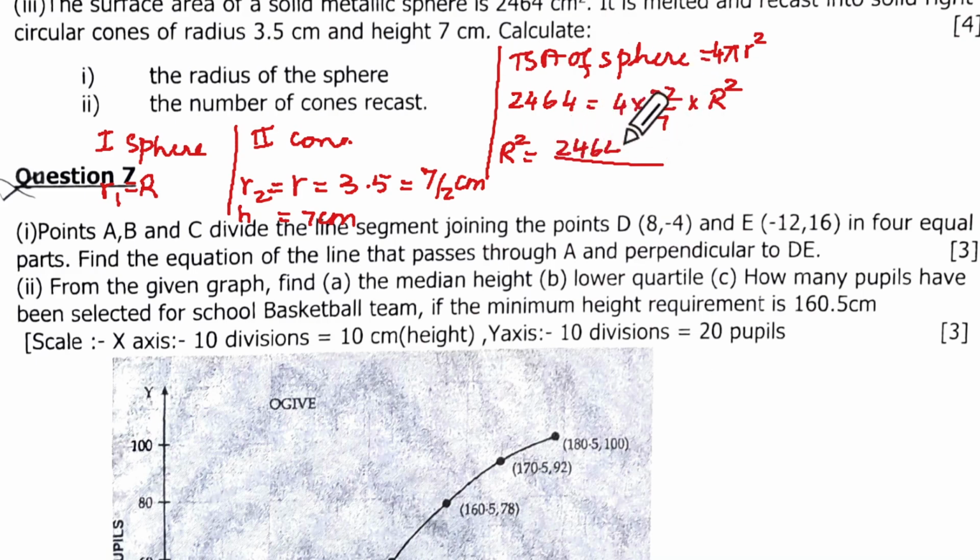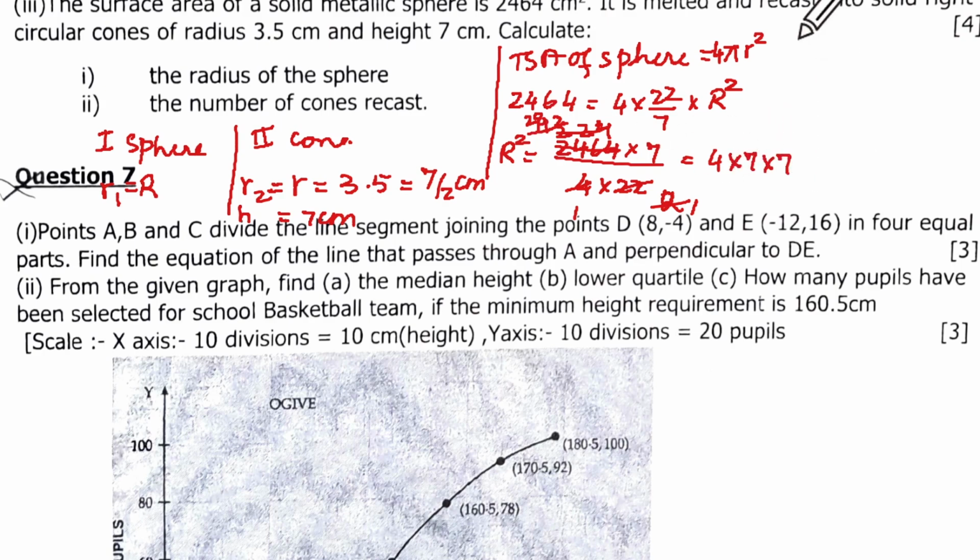So 2464 into 7 into 7, and here divide by 11, it will go faster rather than 22. 11 twos, 11 fours. 4 twos 8, and 4 8s 32, which is equal to 4 into 7 into 7.